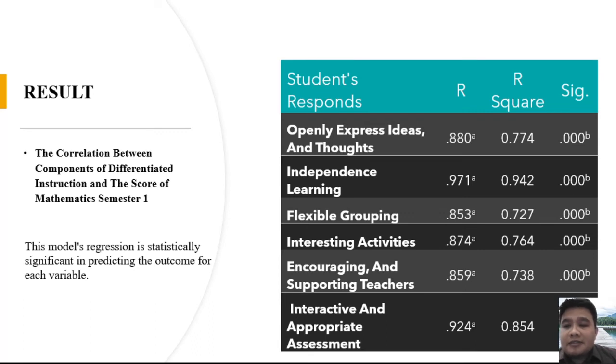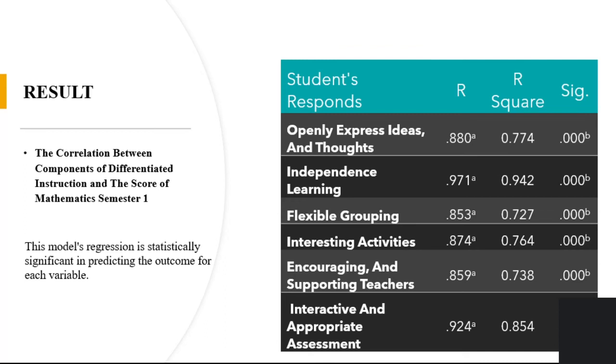It is statistically significant in predicting the outcome for each variable, as we can see here the degree of correlation in table 1. A regression test was used to determine the strength of this relationship and the percentage of impact between these 2 variables.